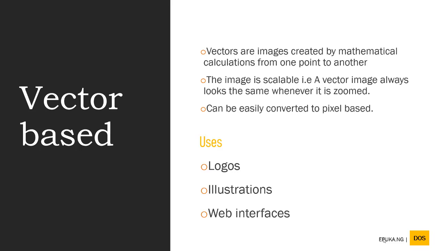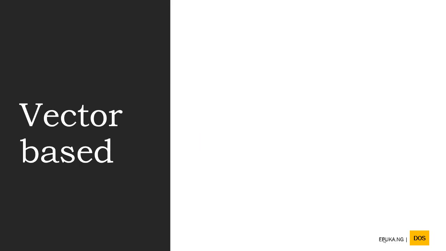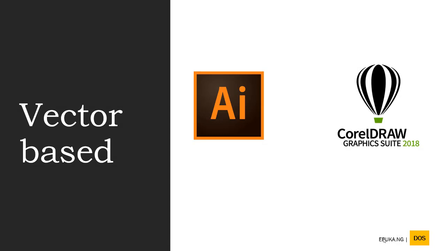So what softwares are these vector based? You have Adobe Illustrator. This is the logo for Adobe Illustrator, AI, and then you have CorelDRAW Graphics Suite. Now, Adobe Illustrator is a vector based software for Adobe, and CorelDRAW, of course, for Corel.